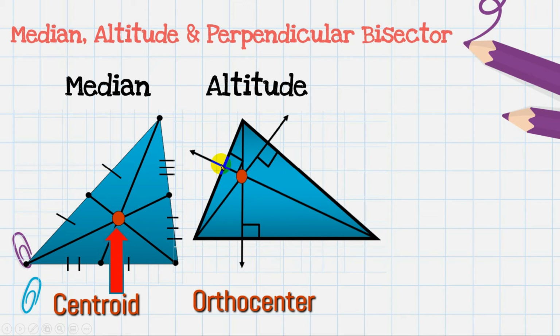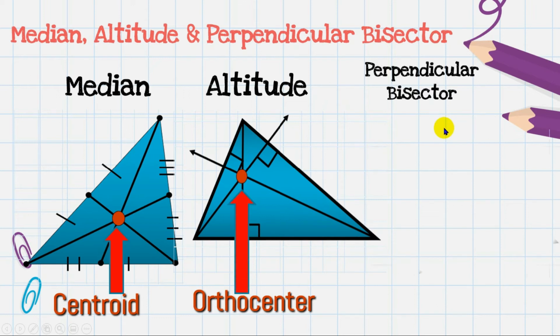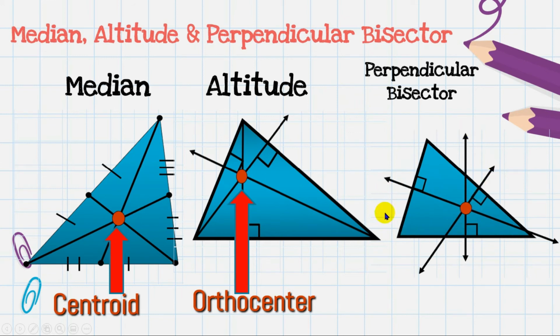So, kung nakalimutan na rin po kung paano magawa ng altitude, again, I will put the link down below on the description box para mabalikan nyo on how we can construct altitudes of a triangle. Then, for the perpendicular bisector, again, hindi niya kailangang mag-umpisa sa vertices. Dito, kailangan niyang mag-umpisa sa midpoint.